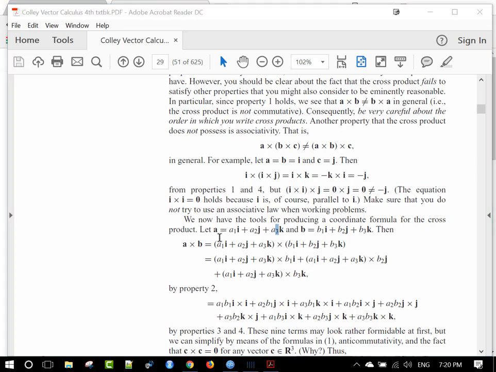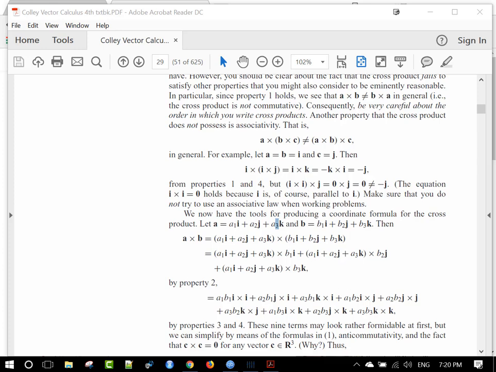And what we're going to end up with is, if this is A and this is B, then A cross B is going to end up being here. So this formula here. Oh, sorry.